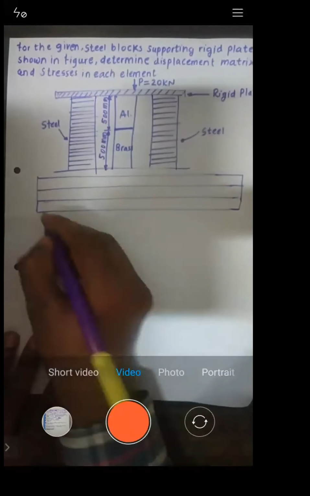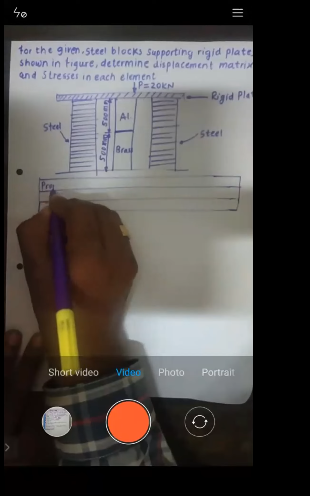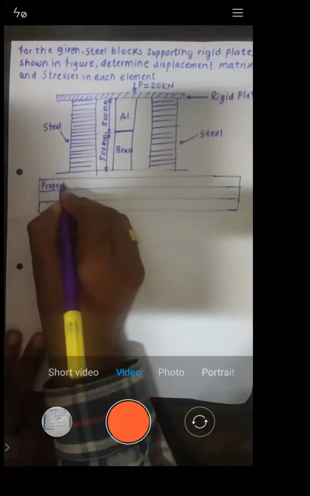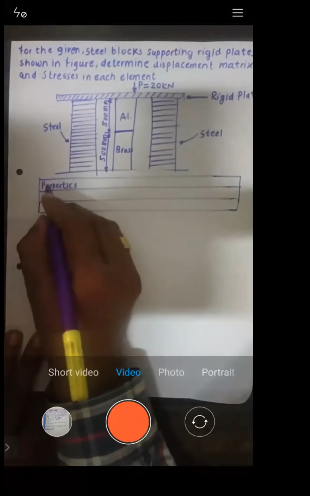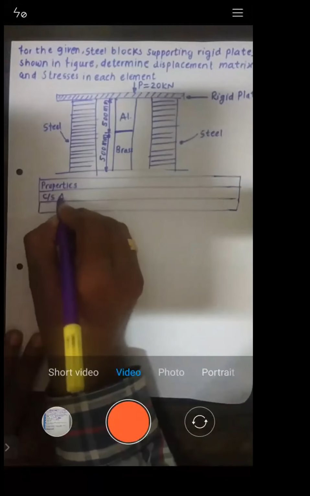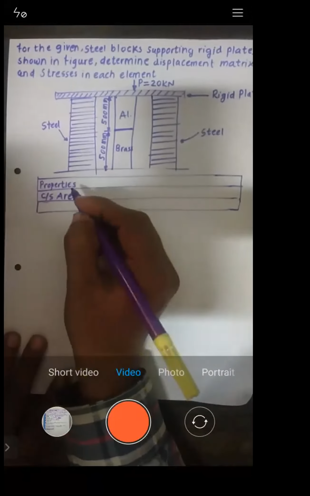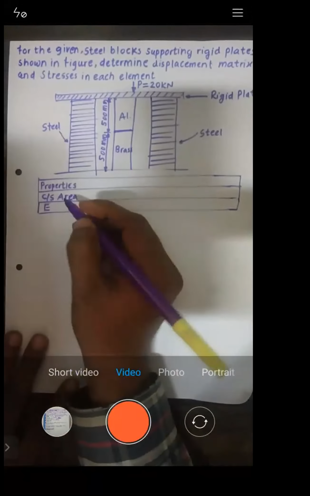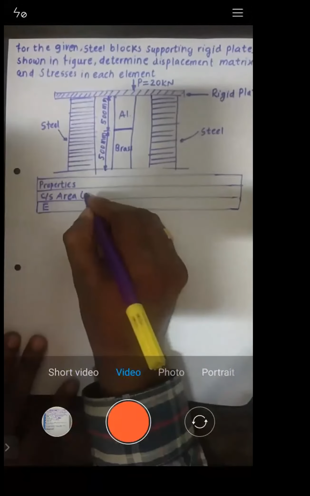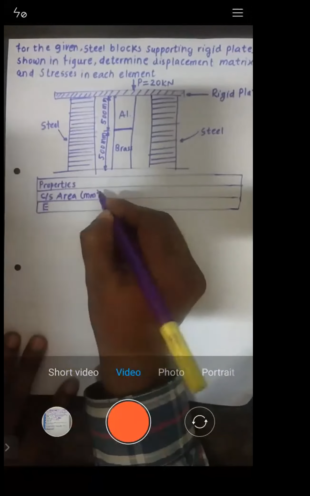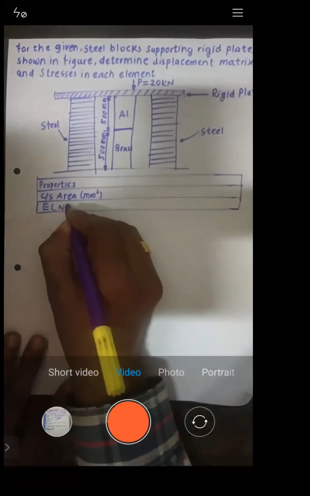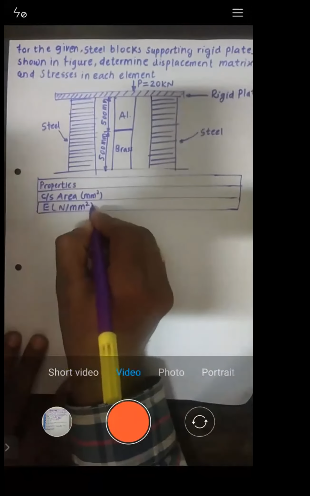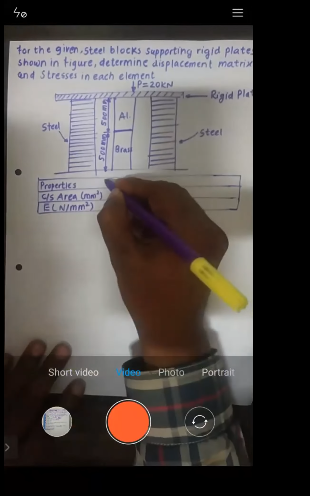You should first understand the problems. Here you have properties: cross sectional area, in mm square, and E, in Newton per mm square, right?